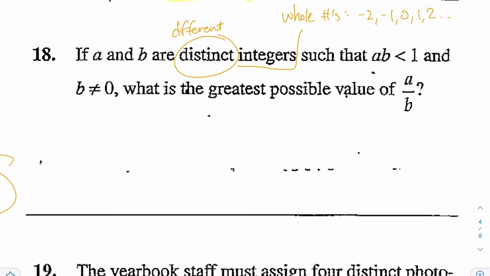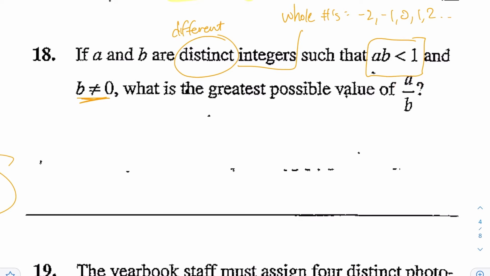Now, a times b has to be less than 1, which is kind of weird. So that means that you can't have one of them equal to 0. So if you want to make one of them less than 1, or they have to be whole numbers, here you're going to have a couple of different possibilities. So if you make one of them negative, for example, that's going to turn this fraction negative, and you don't want that.